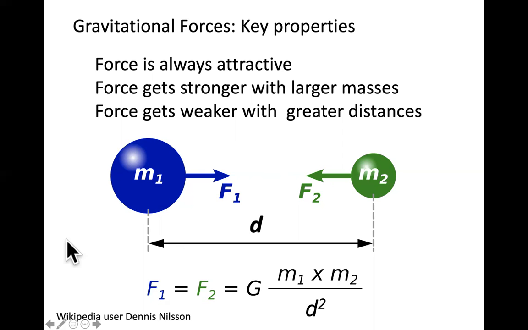That is, the force on object 1 created by mass 2 points towards mass 2. So mass 1 is attracted to mass 2. It feels a force in this direction. Mass 2 feels a force due to mass 1. It's this force 2. So this mass 2 is also attracted towards mass 1.